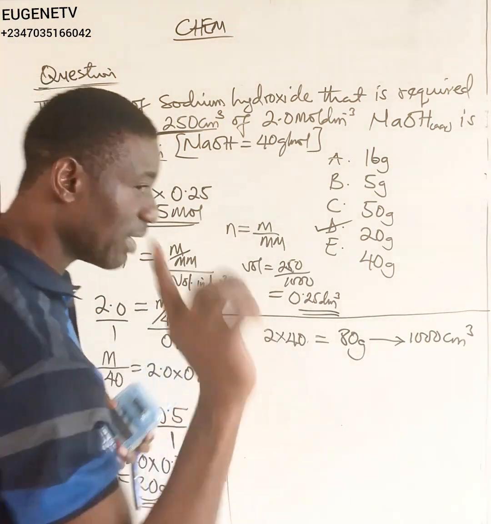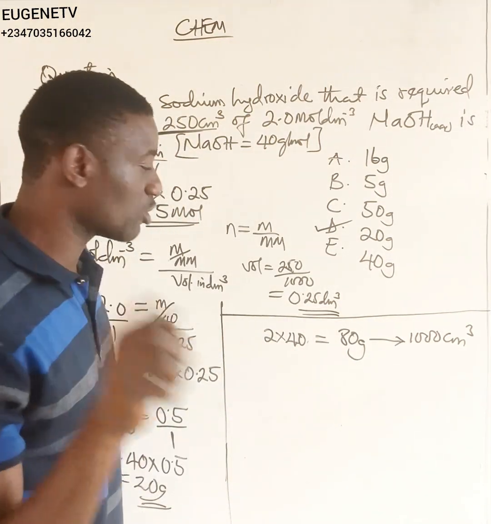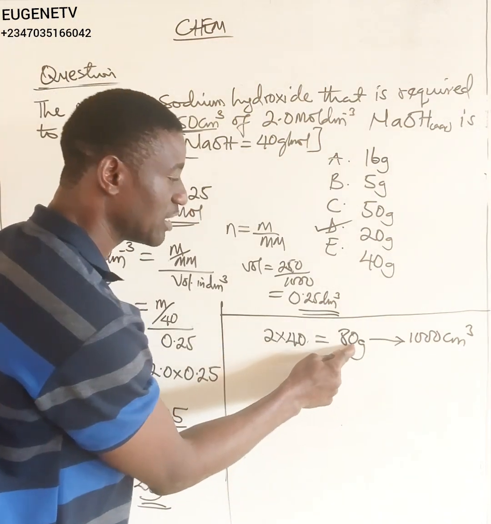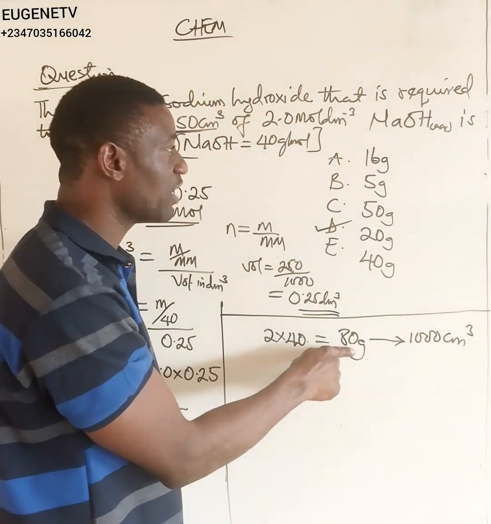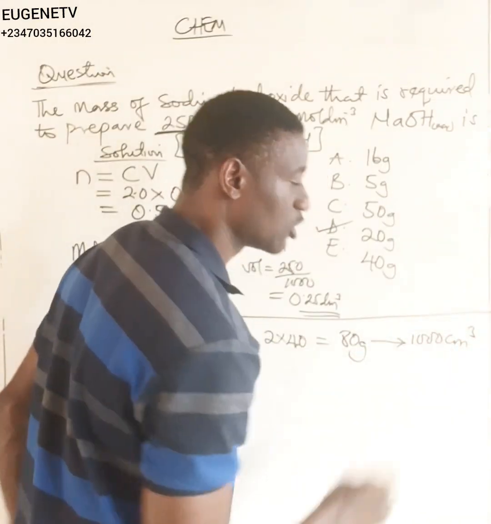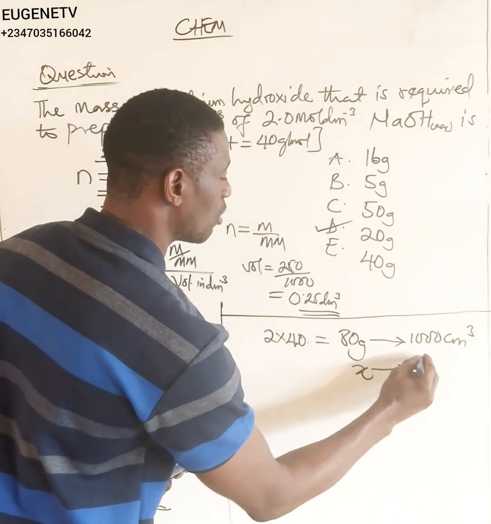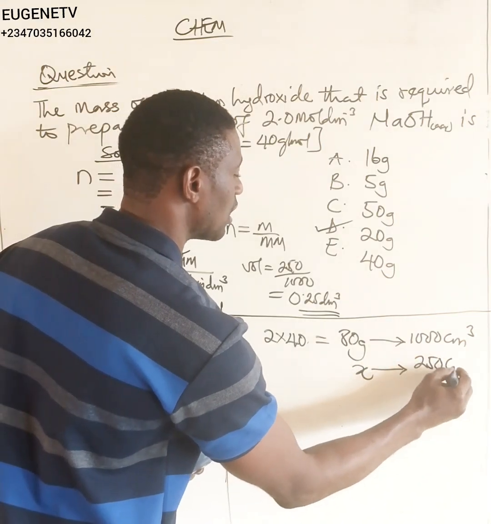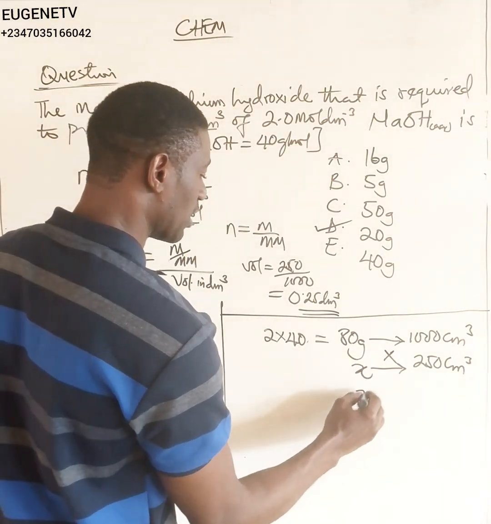Remember, the mass of 1 mole of sodium hydroxide is 40, so the mass of 2 moles of sodium hydroxide is going to give us 80. If they say 2 moles per dm³, it means 80 grams of that alkali is dissolved in 1000 cm³. Now, what is going to be the mass that will be in 250 cm³? We don't know. We'll call it S. I will make S the subject of the formula.